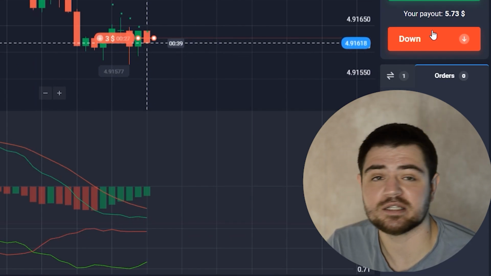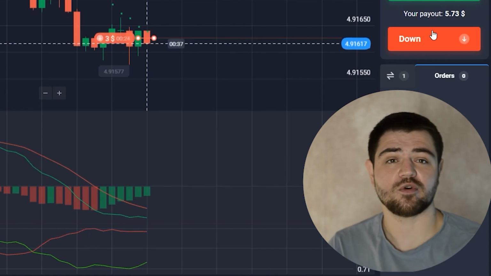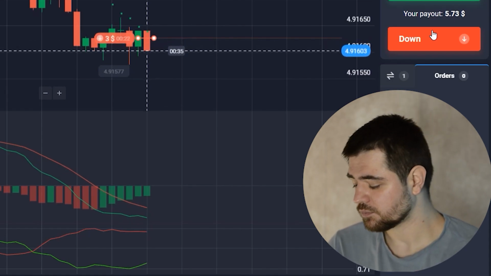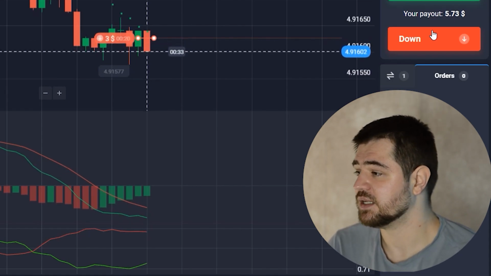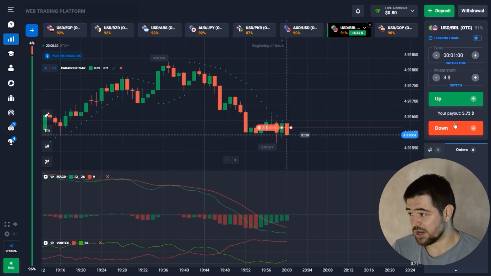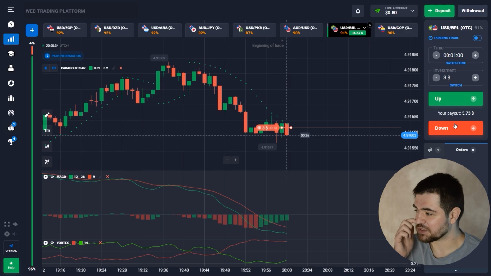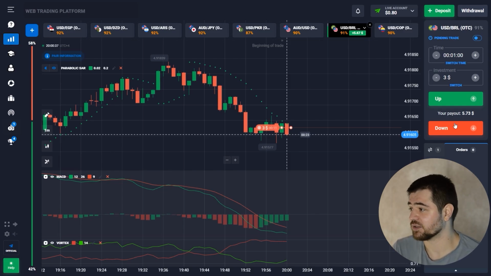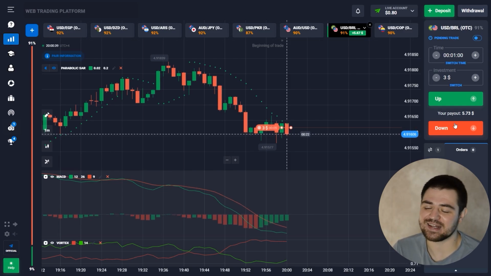Also, MACD, as you can see, is going down. And also Parabolic SAR is showing down. So let's wait for the result and continue.